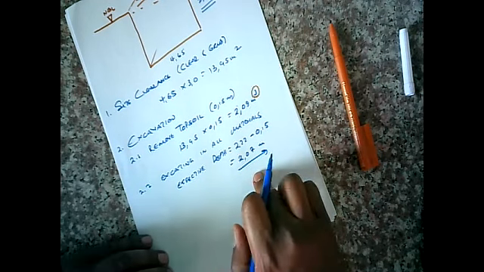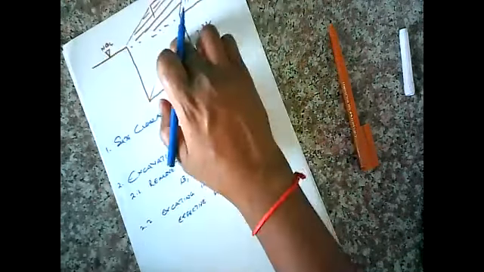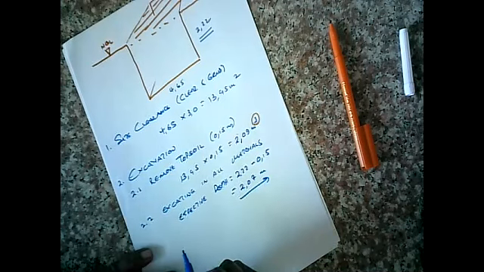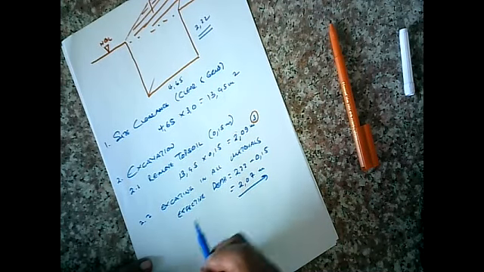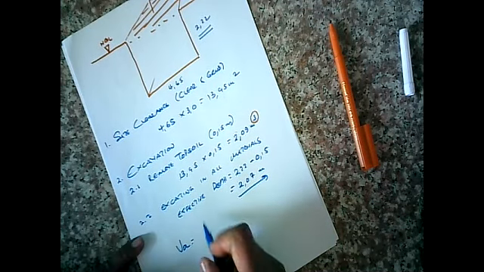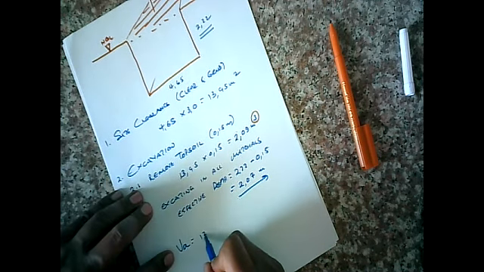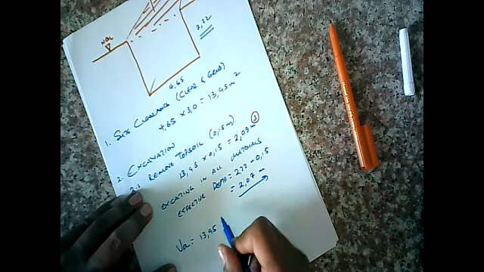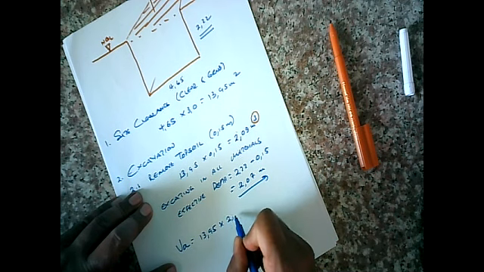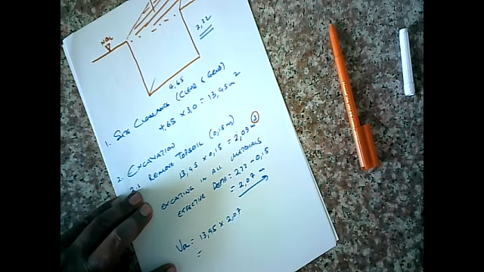Okay, so if that's our effective depth, what is the volume of excavation? We know the area times the new depth, and we get a volume of what?